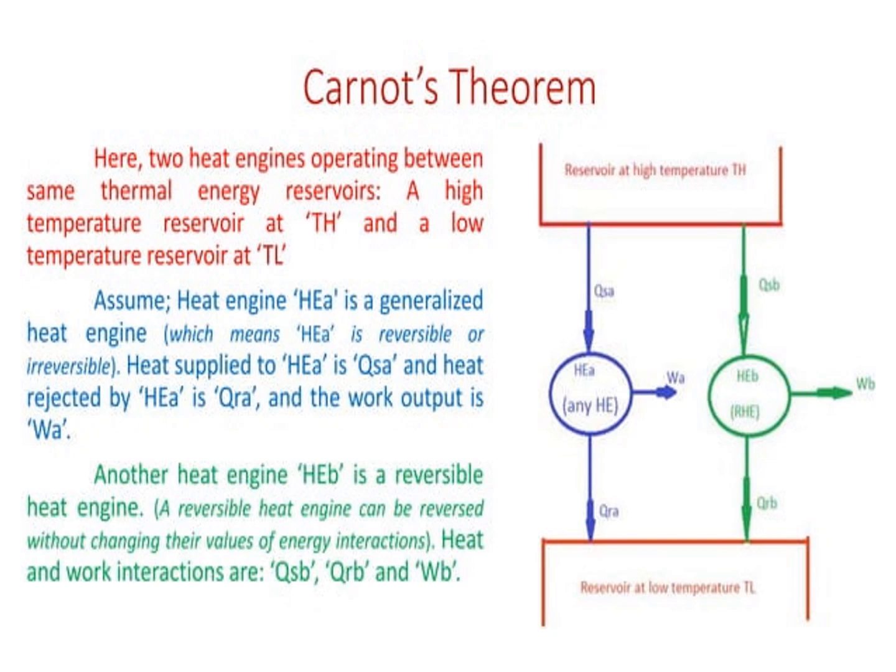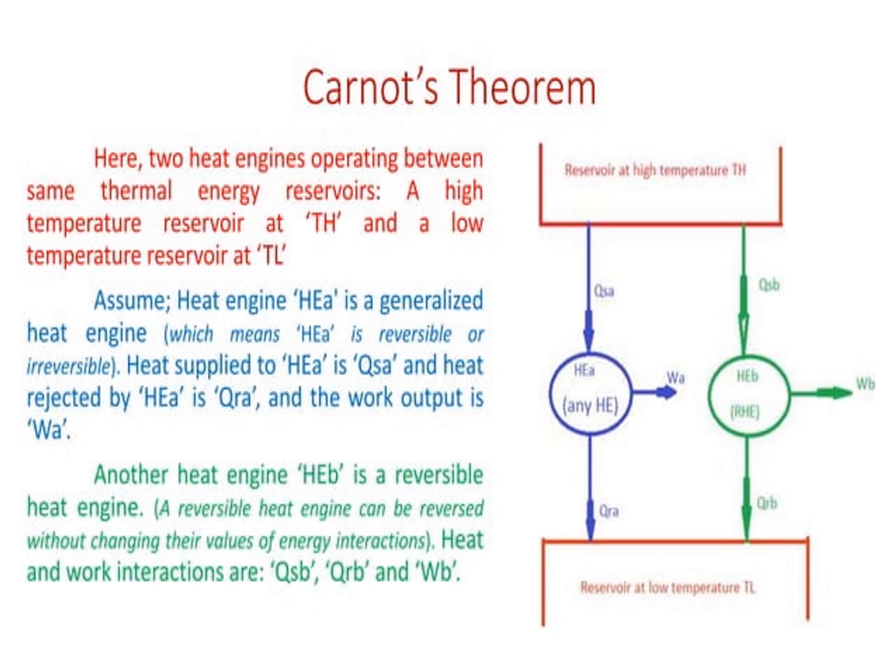Since efficiency is defined as the ratio of work output to heat input, for engine HEA both the heat absorbed and the heat rejected are less than the corresponding values, QRA and QRB, for the reversible engine.